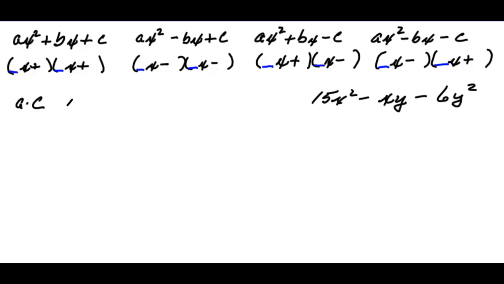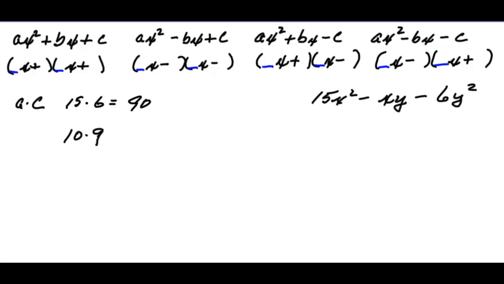Our a times c is 15 times 6. And that equals 90. Okay? 90 times 1 won't work. 45 times 2. I'm looking at that and saying, yeah, but I know what combination makes 90, that's pretty easy. And that's if I multiply 10 times 9. And as a matter of fact, that does work because the difference between 10 and 9 is just 1.